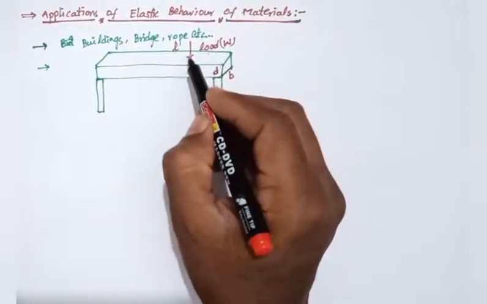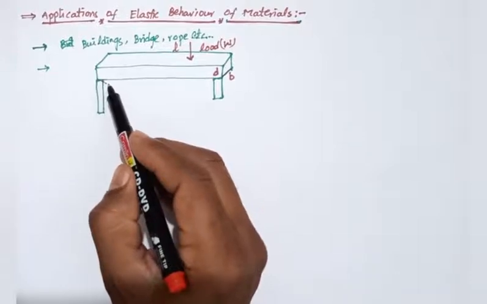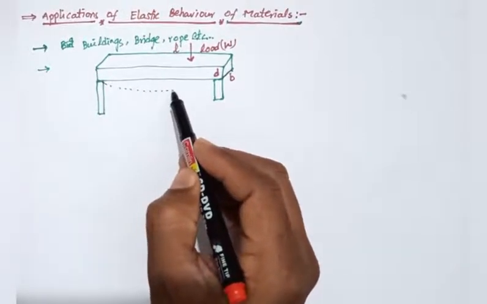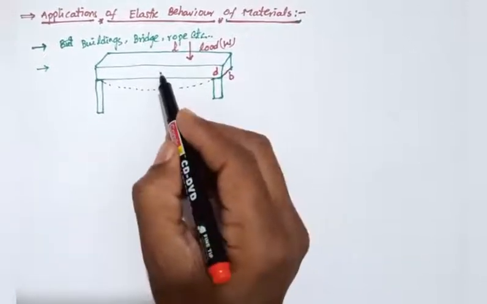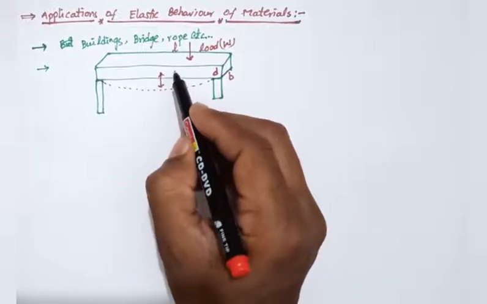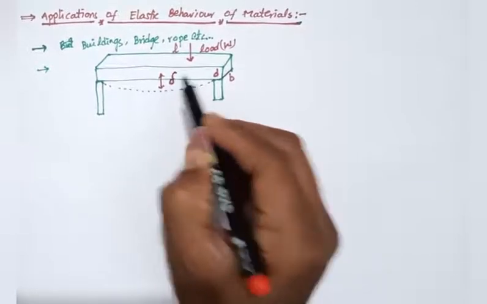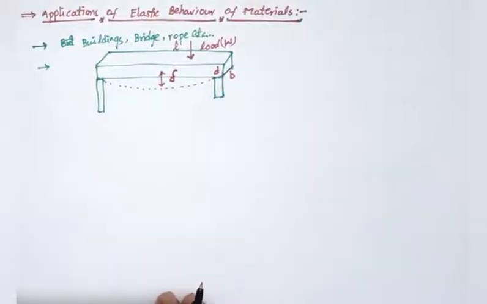So after the load is applied, what happens? Some elongation happens here. From this point to this, the elongation is taken as delta. Delta is the elongation.